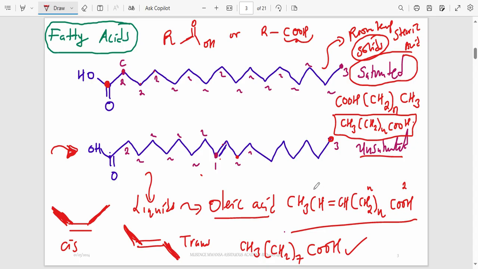Now, this doesn't mean that for the unsaturated, they're going to give you a double bond in the formula. As long as, for example, they've given you that something is CH3, CH2, CH2, CH2, CH2, and then at the end you see COOH.